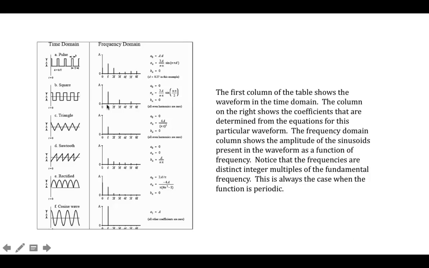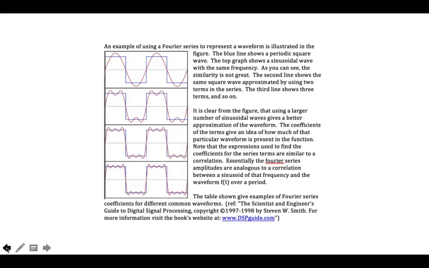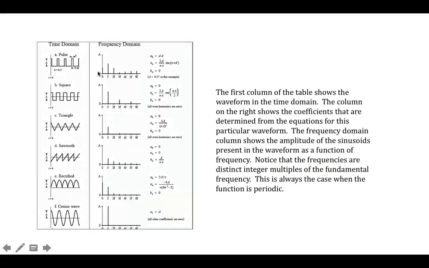Notice there's a lot of amplitude present in the fundamental frequency. So that's this one. Okay. And then notice the second term, which is actually 3 times the fundamental frequency, because in this particular wave, it turns out all even harmonics are 0. We get a smaller portion of the wave there, and then we get even smaller.